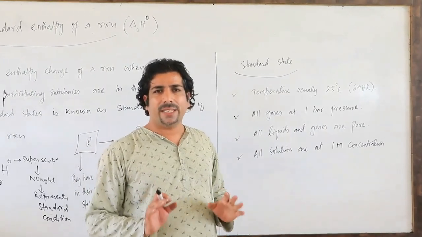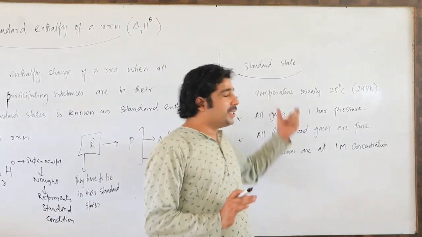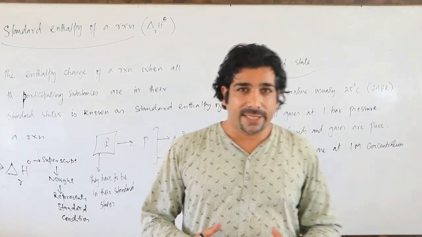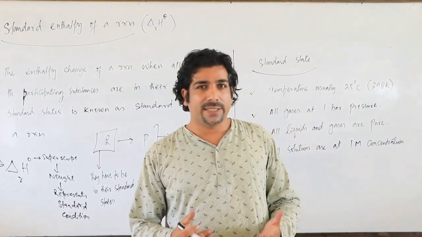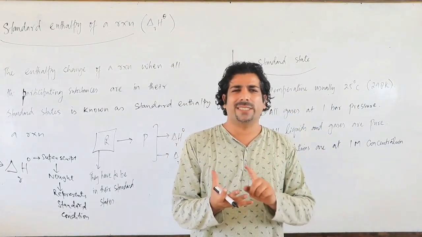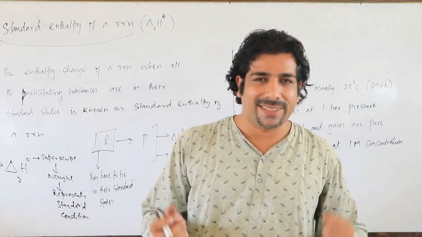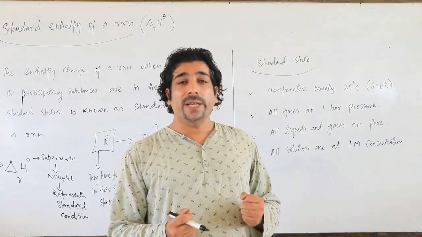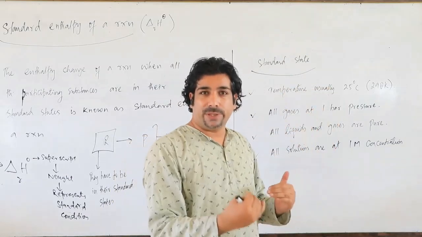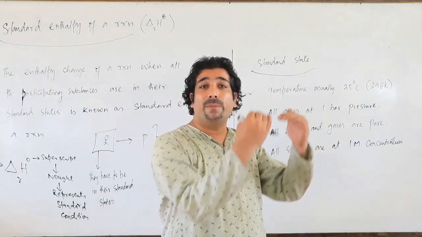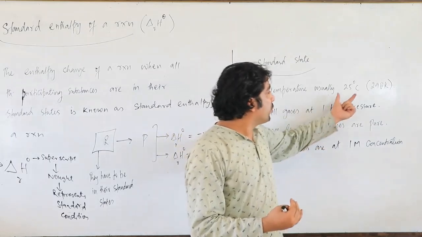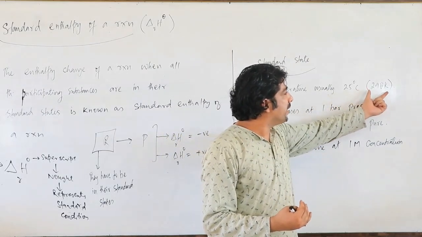Usually in the NCERT book, they will find out the standard states of the reactants or the substances like solids, liquids and gases. Because reactant can be solid, liquid or gas. So they usually compile the values. If you find out in your NCERT, they will compile the values at 25 degrees Celsius or 298 Kelvin.